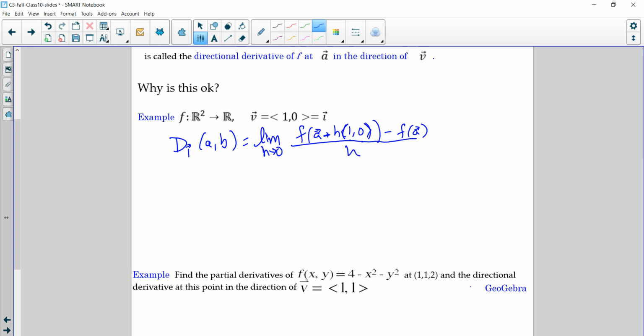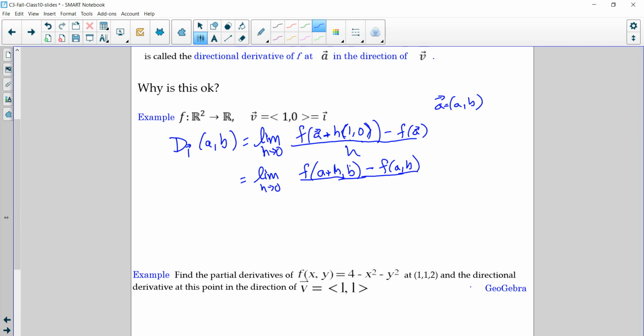If I expand this a little bit, this is the limit as h approaches 0 of f of (a + h, b), adding those respective coordinates, where again I'm taking a to be the point (a, b) or the vector, and then we subtract off f of (a, b).